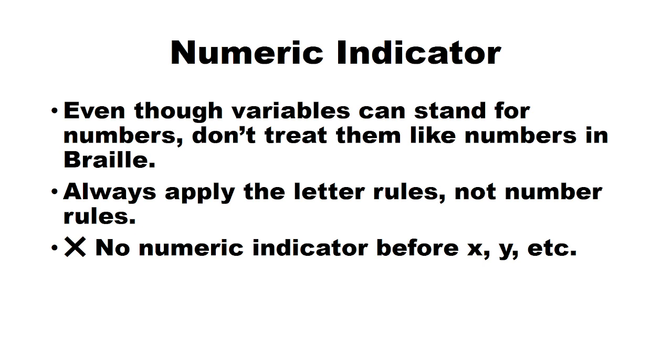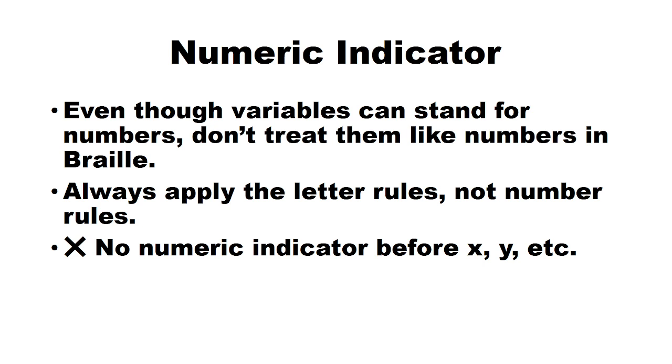Next major rule is the use of the numeric indicator, or here in the Philippines we say the number sign. Now, even though variables can stand or can represent numbers, we do not treat them as numbers in Nemeth Braille Code. Again, these variables can represent or can stand for numbers or specific values, but we do not treat them as numbers in Nemeth Braille.